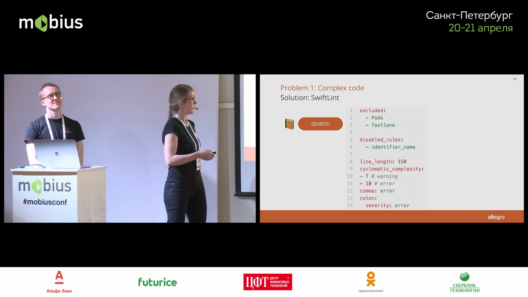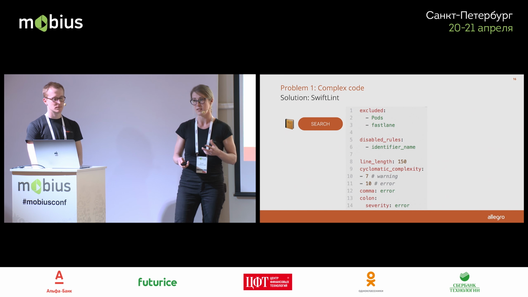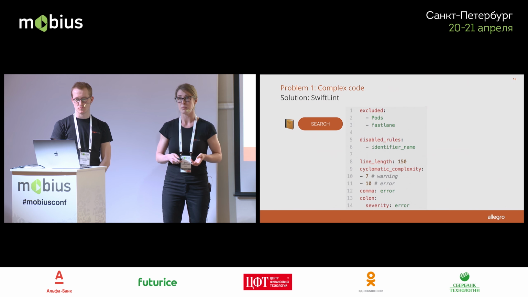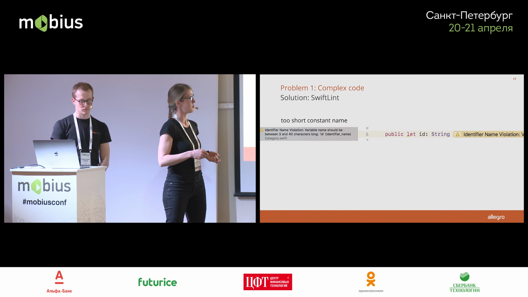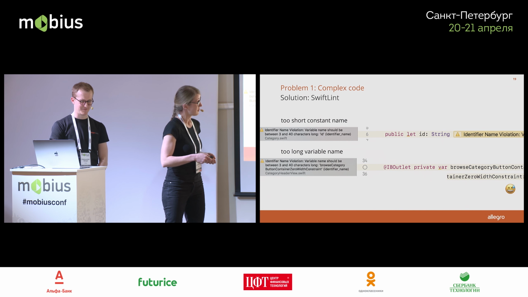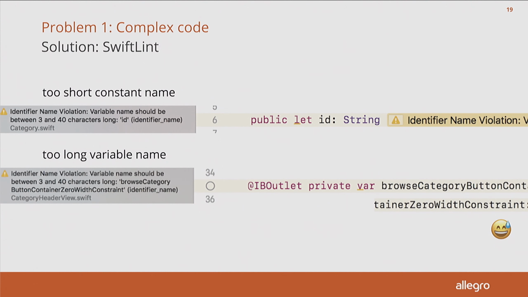You can disable some of the rules, like, for example, in our search module, we disabled the identifier name rule, which says that your constant or variable name should not be too short, like this one, or too long, like this one, browse category button container zero width constraints. We have many long variables like that. I'm not sure how it looks in your project, but we definitely are dealing with this problem.